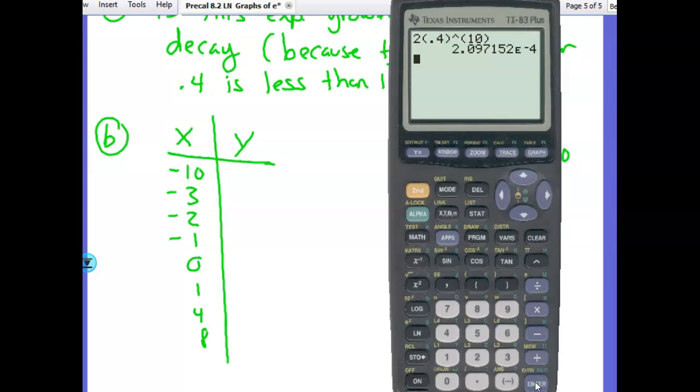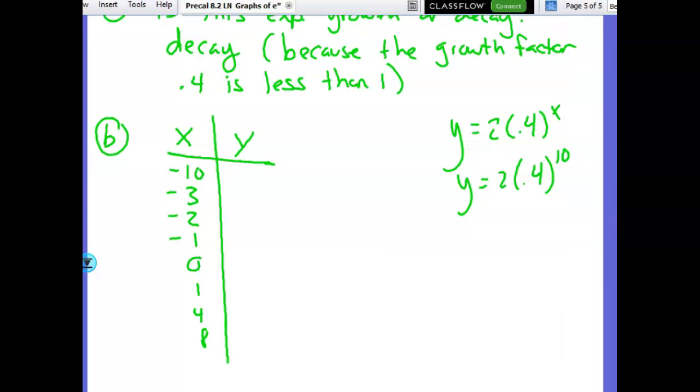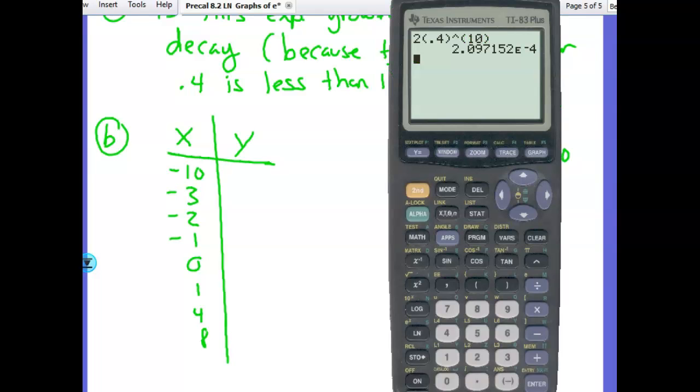Okay, so let's interpret what this means. It says 2.09, and then you guys see that little e with the -4. That's scientific notation. What that means is times 10 to the -4.